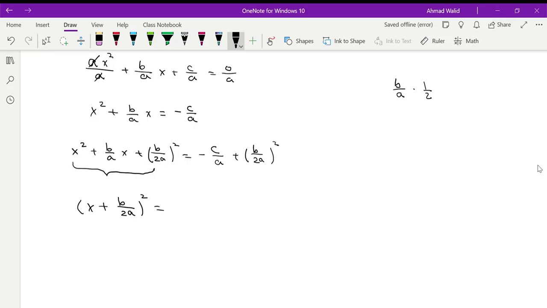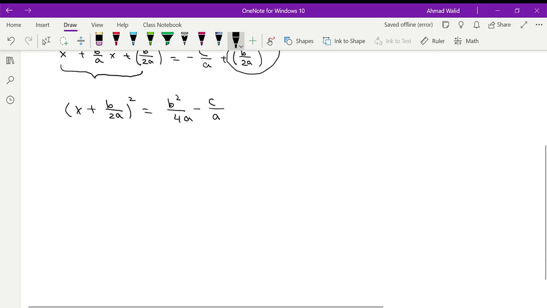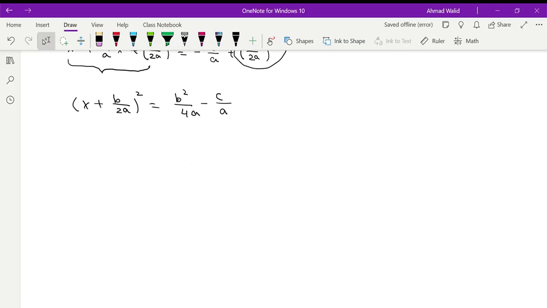If you square this part, it gives you b squared over 4a squared, right? Minus c over a. Now, let's add these two fractions on the right side and rewrite it as one fraction.